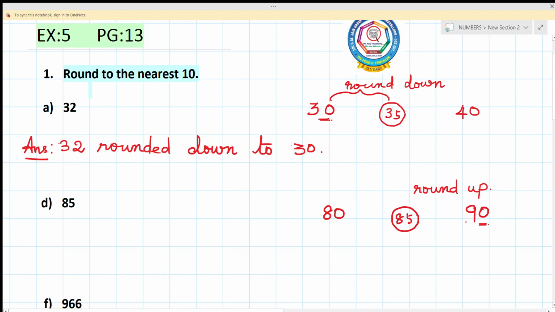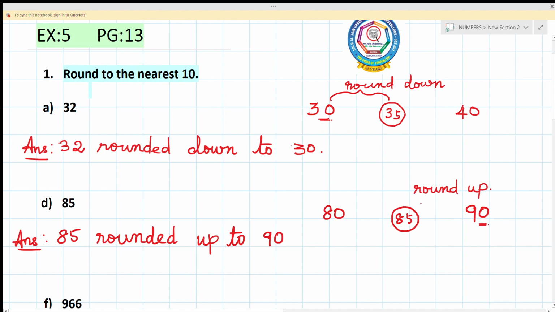So we are going to round up 85, rounded up to 90. So if a given number lies before the mid number, we round down. If it is exactly at the midpoint or after the midpoint, we round up the given number. So these are the two important things.